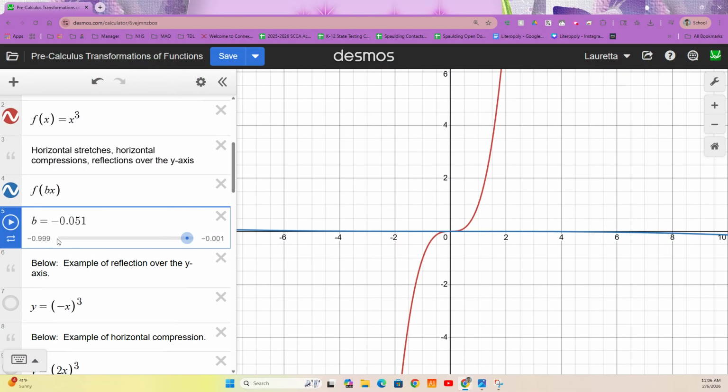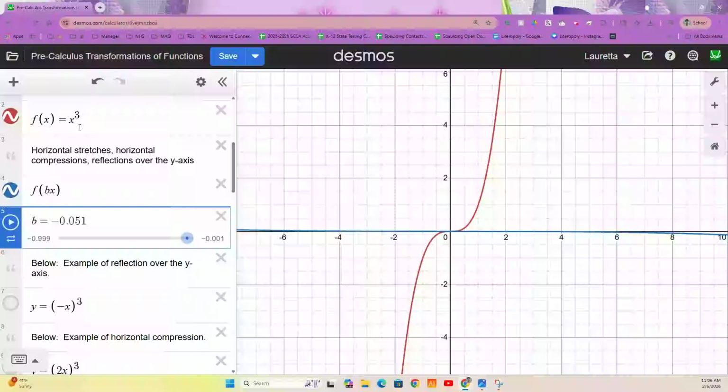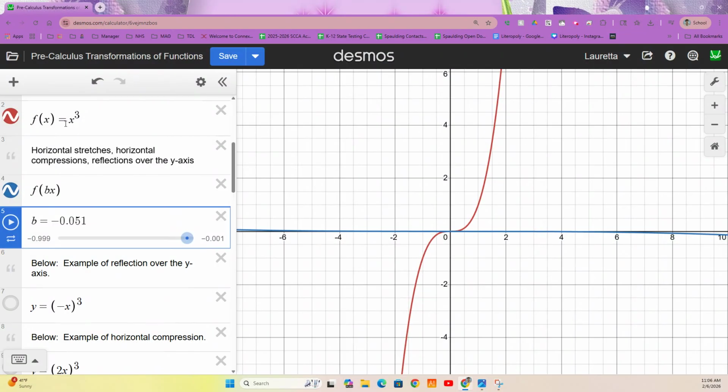So what does this look like if we were to write these transformations with our cubic function? Below is an example of a reflection over the y-axis. So you have y equals, in parentheses, negative x cubed.